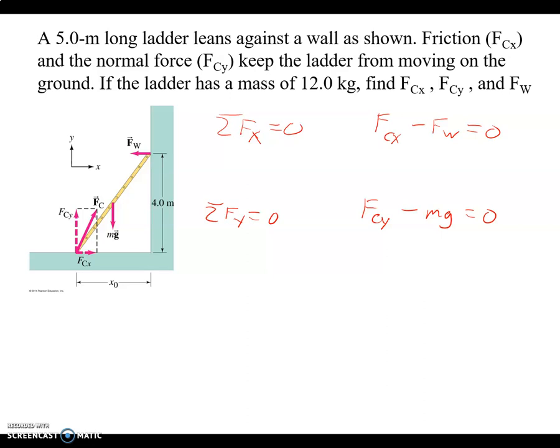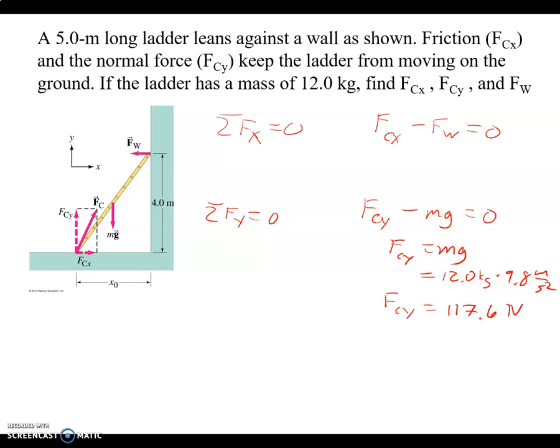I can solve for Fcy right now, which is going to be equal to mg, which is 12 kilograms times 9.8 meters per second squared. So my normal force would be 12 times 9.8, which gives me 117.6 newtons.